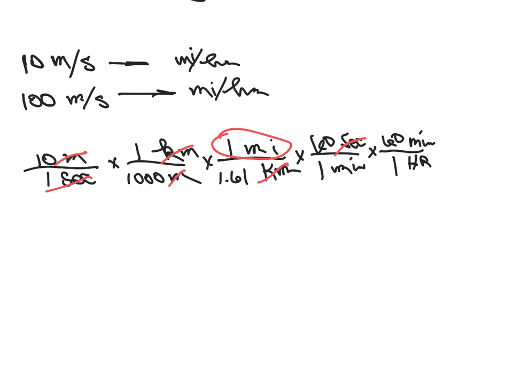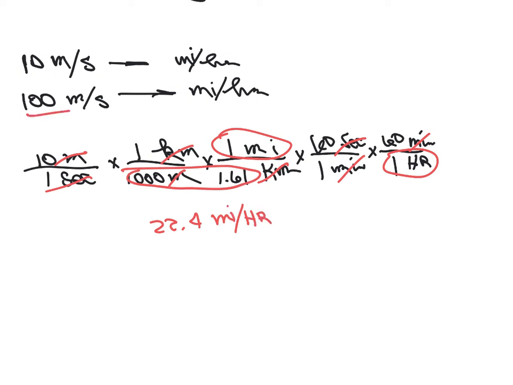So I'm going to cancel minutes and minutes there. So hours. So the two things that I do not have canceled are miles and hours, which is what I want. So now I'm going to multiply 10 times 60 times 60 and divide that by whatever 1,000 times 1.61 is. And I get 22.4 miles per hour.